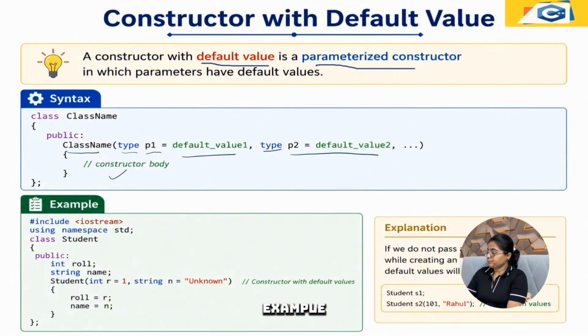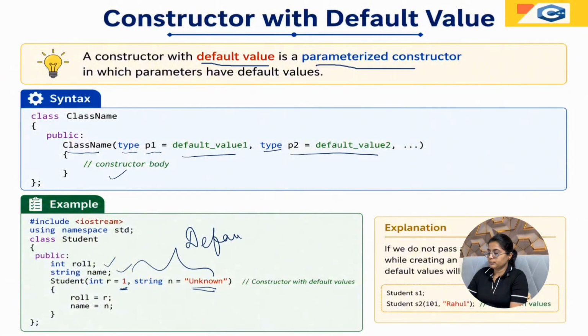Check the example. Class student, roll number, name. Student int r equal to 1, string n equal to unknown. So this is r and n. These are the default values we have given to the variables.